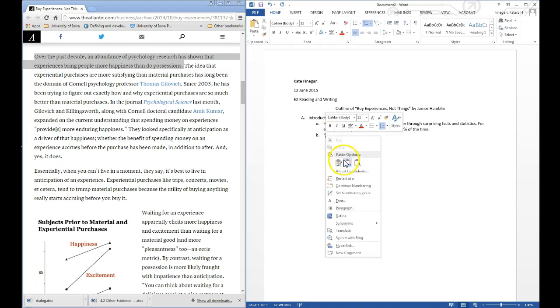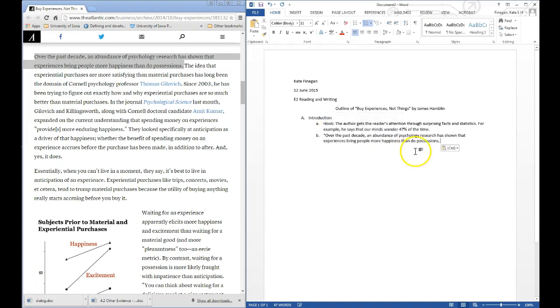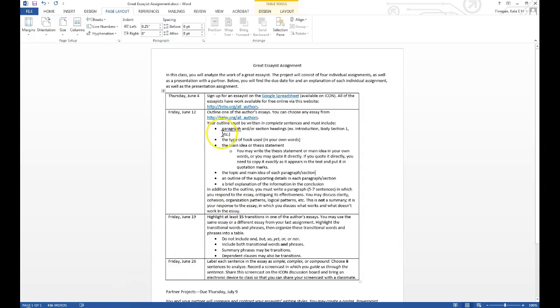So if you go right-click, merge formatting, there we go. Okay, and then I'm just going to put paragraph 3 so that I know where to find that information. Okay, so now I think that I am done with the introduction.